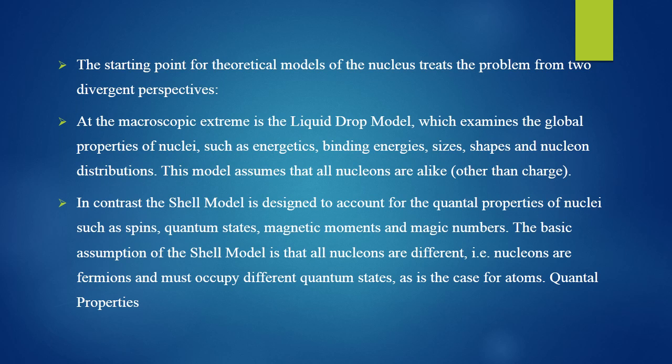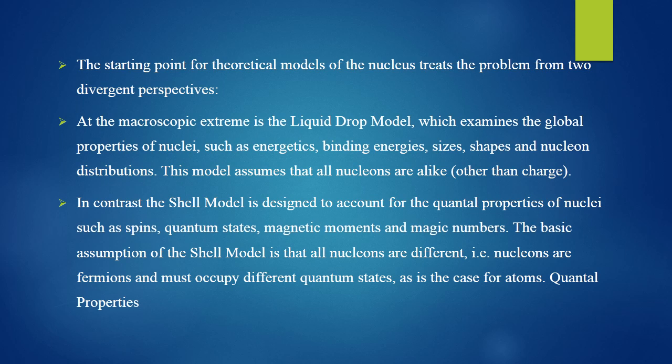In contrast with that, the shell model is designed to account for the quantum properties of the nucleus, such as spin, quantum states, magnetic moments, and magic numbers. The assumption of the shell model is that nucleons are different.